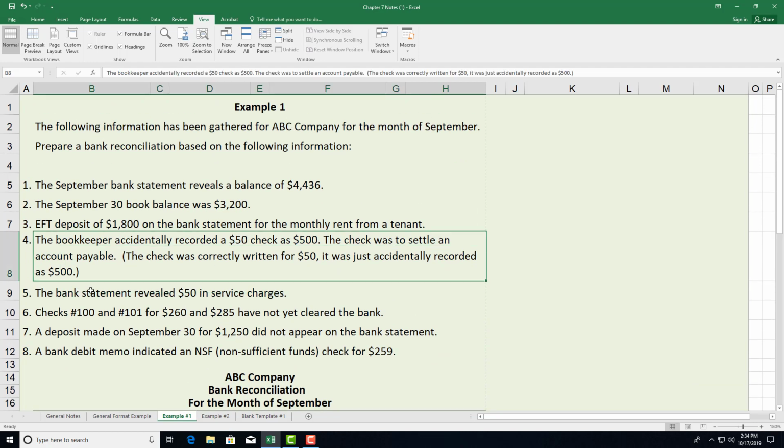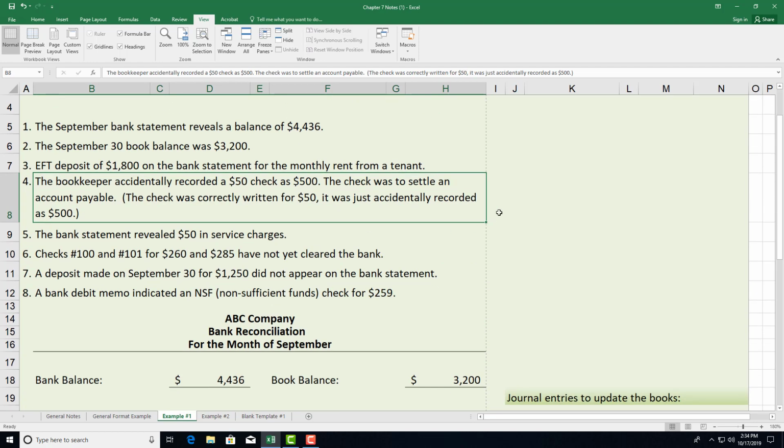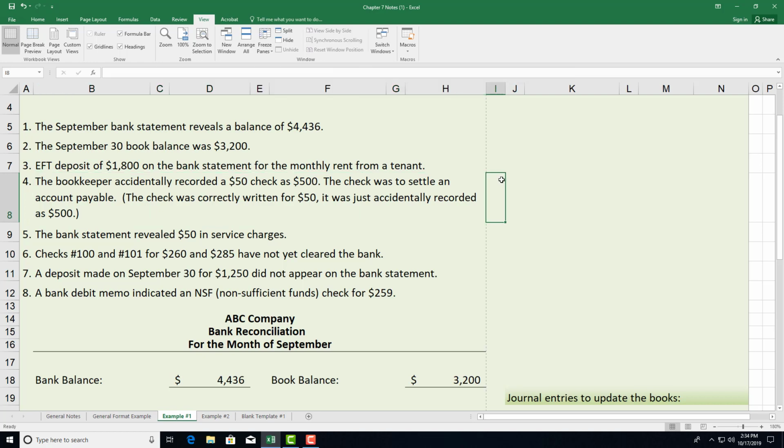Number 4 says the bookkeeper accidentally recorded a $50 check as $500. So the check was to settle an account payable. The check itself is correct. The bank processed it correctly. It's just we made a mistake on our books. And sometimes it helps to think through this by making a journal entry.